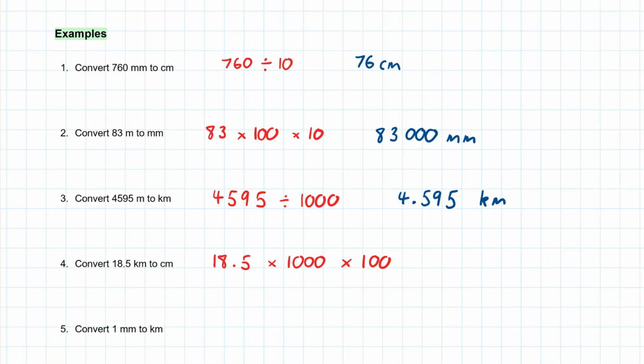Alright, so let's have a think. 18.5 multiplied by 1,000 will be 18,500. Times that by 100 again, adding on 2 zeros. So what are we doing here? We're going to be multiplying by a factor of 1, 2, 3, 4, 5. So we're going to have 1.85 million. Let me just double check that before I make an absolute goose out of myself.